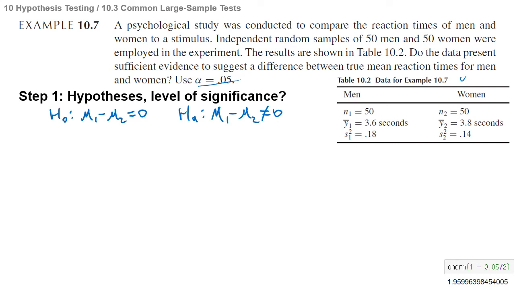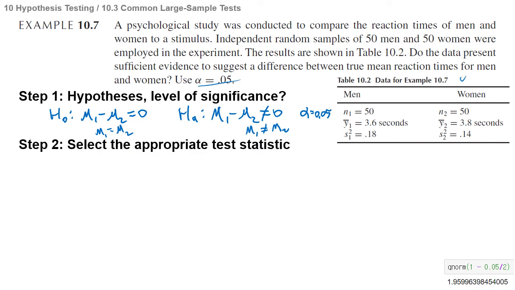And actually, we can also write it as mu1 equals mu2. This is the same as mu1 is not equal to mu2. Okay, and so this is our hypothesis, and our alpha is 0.05.